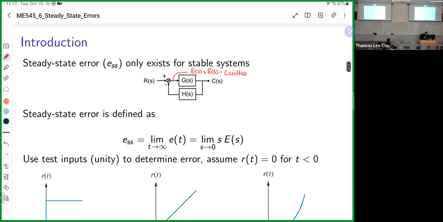And note that this only applies for negative feedback. It wouldn't really make sense to have a reference input and then add our output to it. That doesn't tell us much. It makes more sense to say we have a desired input, this is what our output is actually at, and see what the difference is.